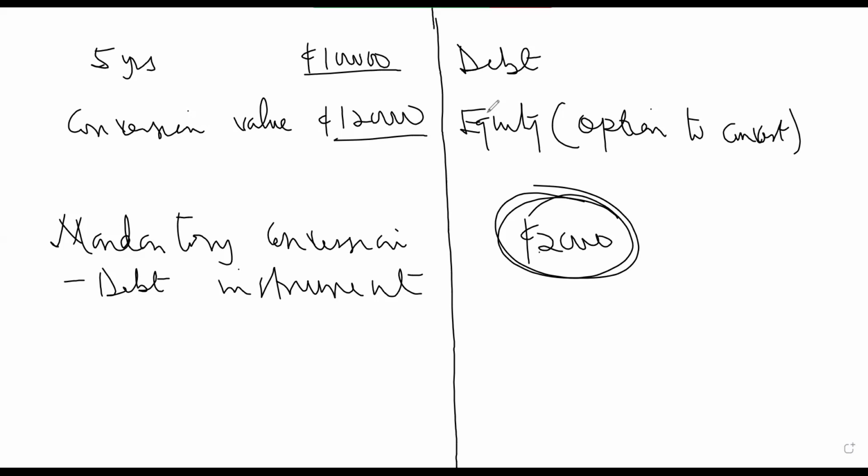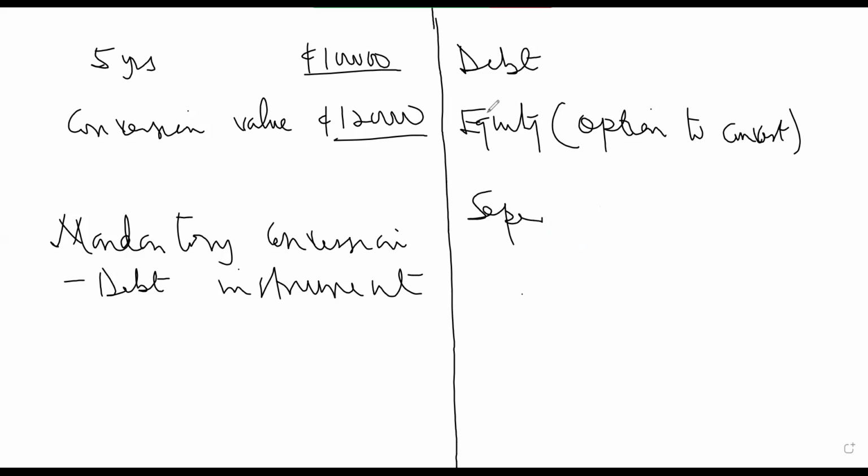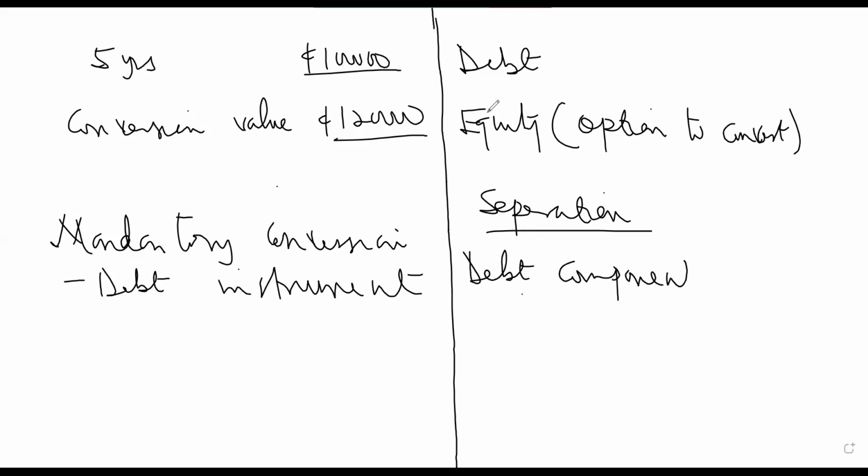So the debt component, how do we separate this? We have to separate the debt component, so we have to do the separation. Whenever you have a question, you have to do the separation. How do we do the separation? We separate the debt component, and the debt component is always the what?